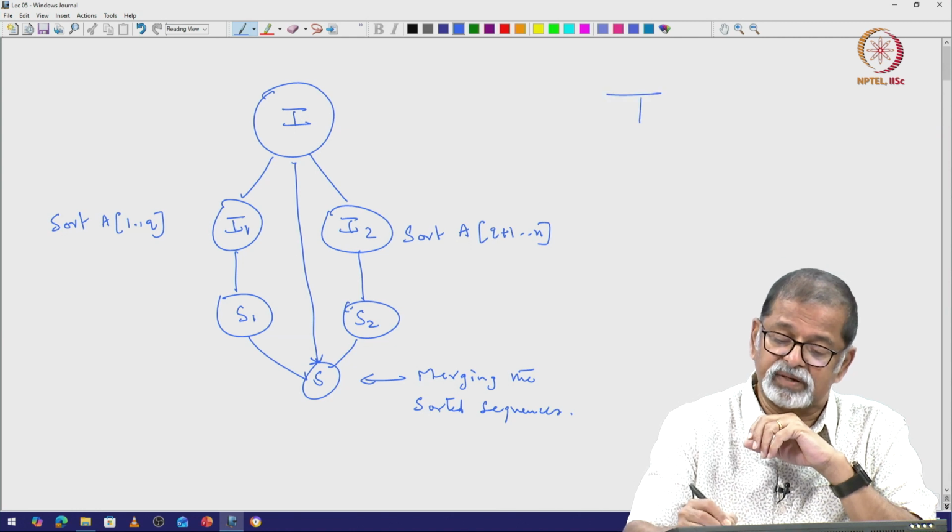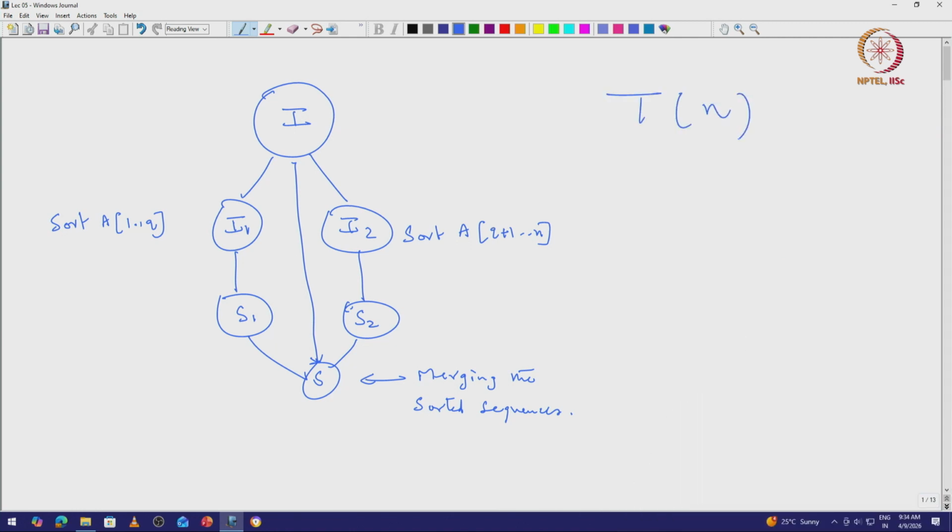So, if T(n) is the number of comparisons done by the merge sort algorithm, then this is T(floor(n/2)), this will be T(ceil(n/2)) and this will be n minus 1.